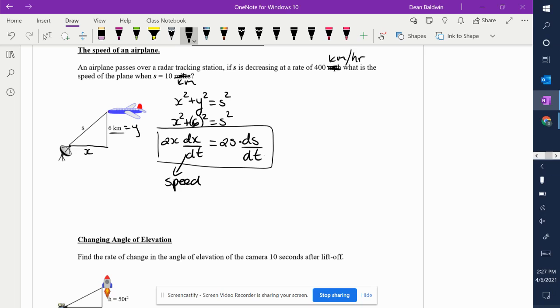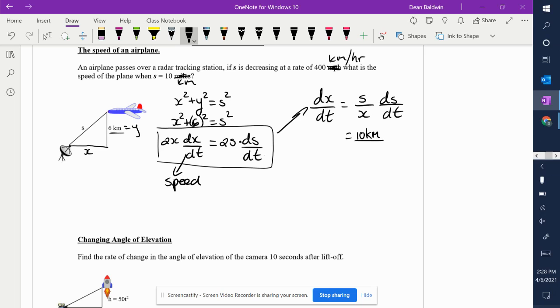So we got to get everything to the other side. So we divide off the 2x. If I divide off the 2x, the 2's go away. So I get that. Do I know S? What is it? 10. 10 kilometers.